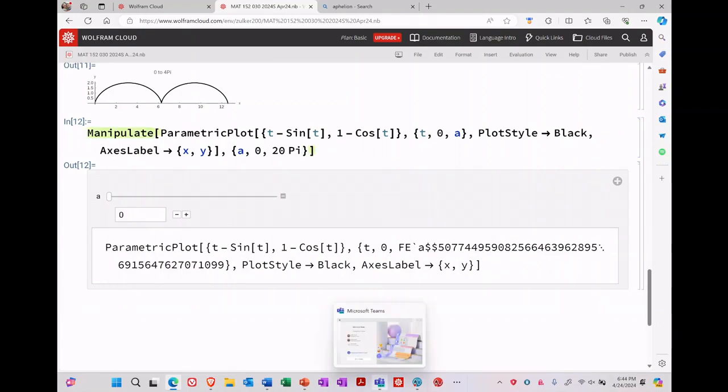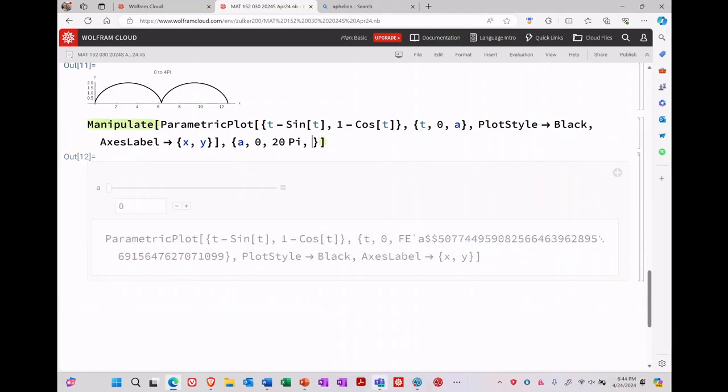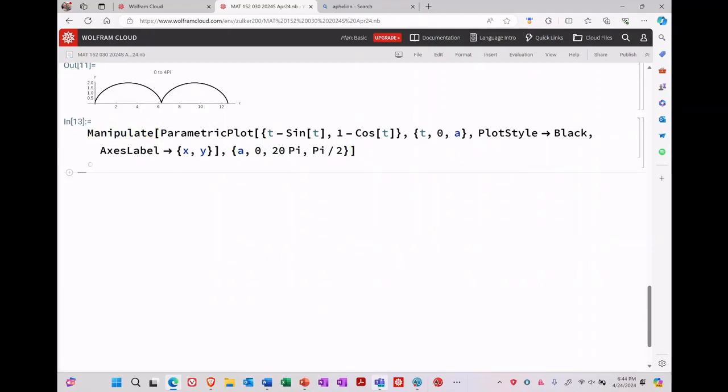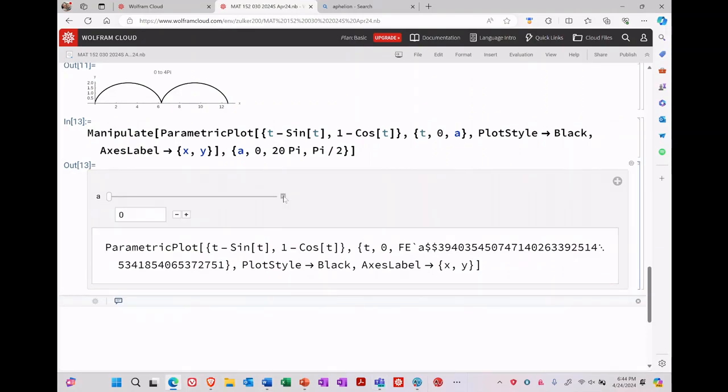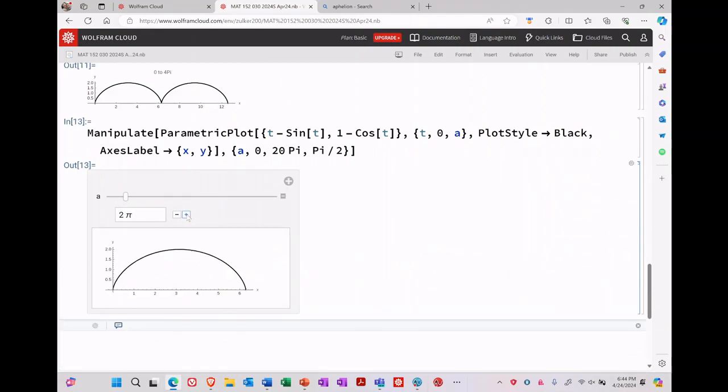I don't want it to change by that; I want to change by pi over 2 each time. I don't know why it's doing that. It won't let me actually play it.